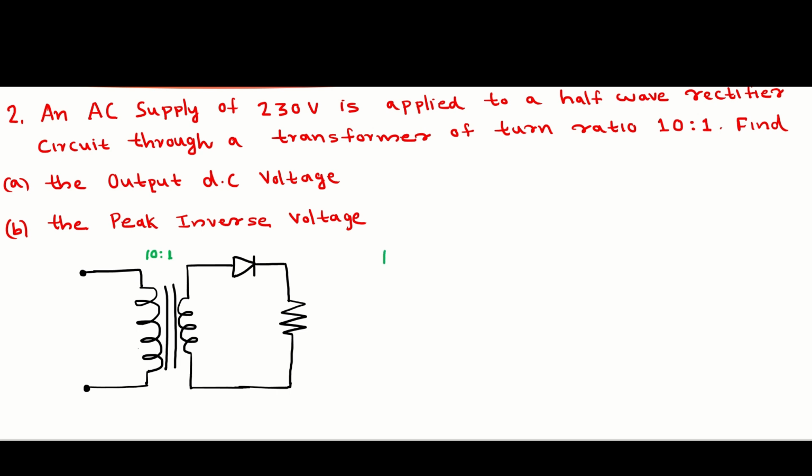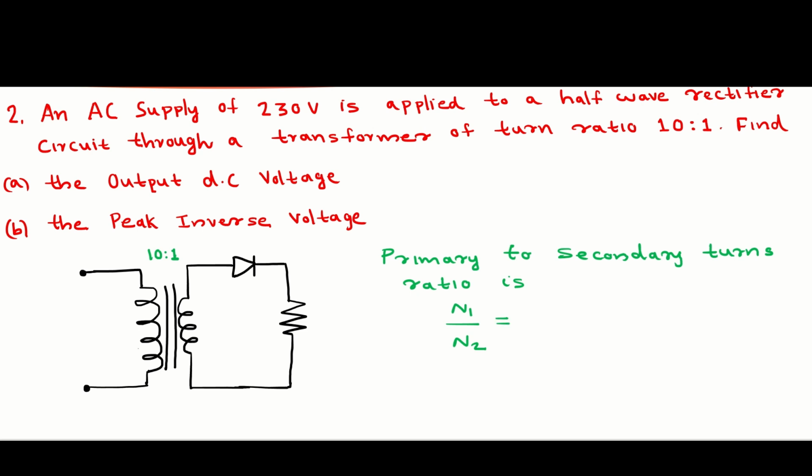So I can write the primary to secondary turns ratio is n1 by n2 equal to 10 by 1, which is 10, where n1 is the number of turns in the primary winding and n2 is the number of turns in the secondary winding.